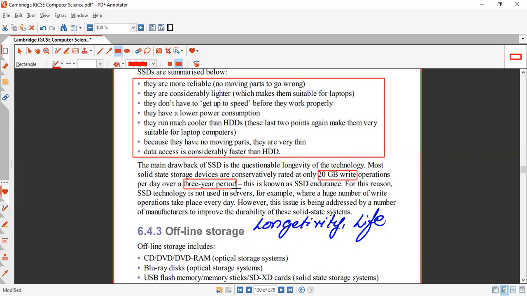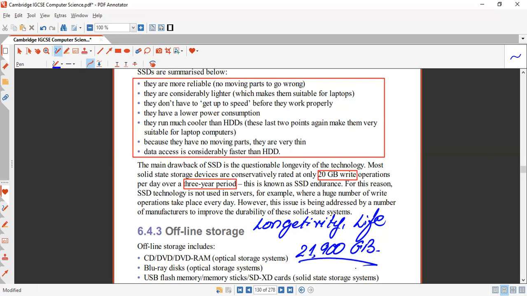That means I'm installing 20 GB of data on the drive consecutively for 3 years, which makes up around 21,900 GB. That is the maximum life of an SSD.